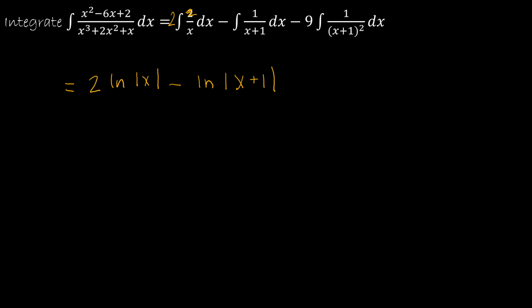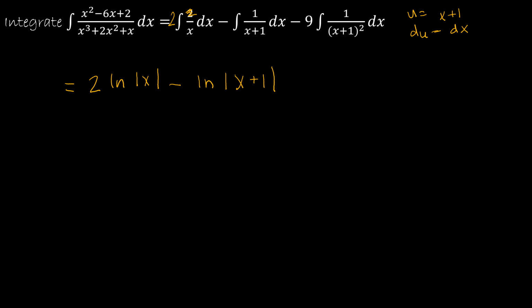And then just as we did on our previous example, I'm going to use u substitution for my last integral. And again, notice I've already moved the 9 to the outside on this one. So u is going to be x plus 1, which means du is just dx.